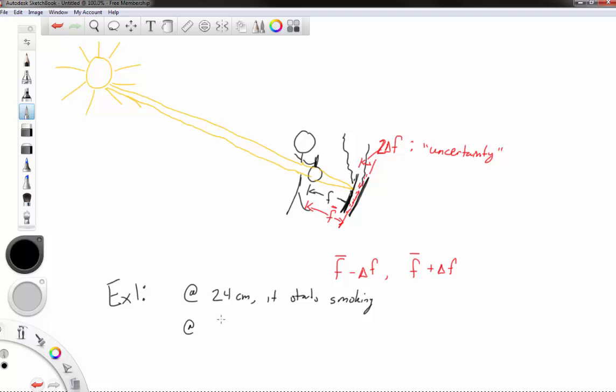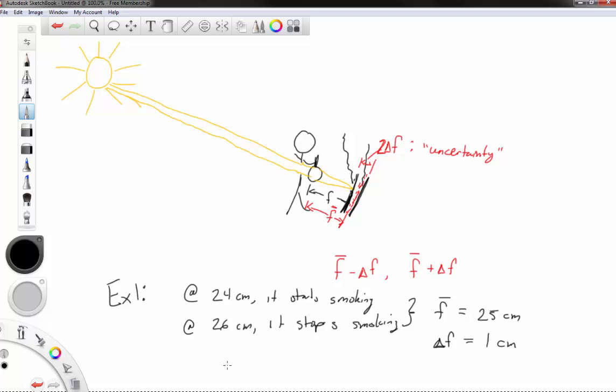Let's say again at 26 centimeters, it stops smoking. And so what this means is that your average guessed focal length is the one midway between these two, which would be 25 centimeters. And your uncertainty in focal length is 1 centimeter.